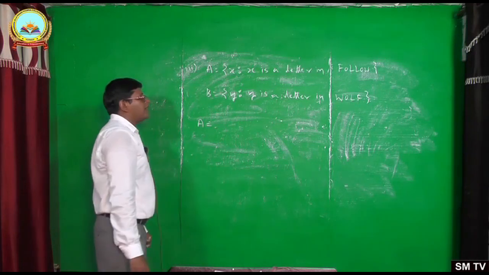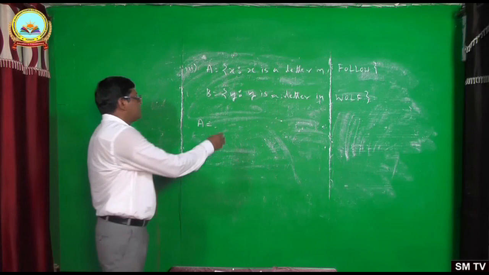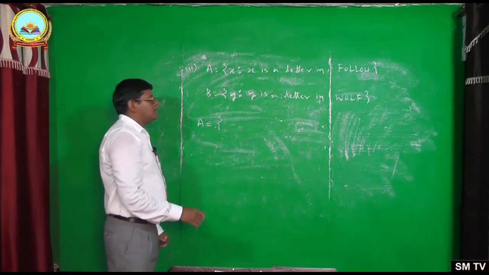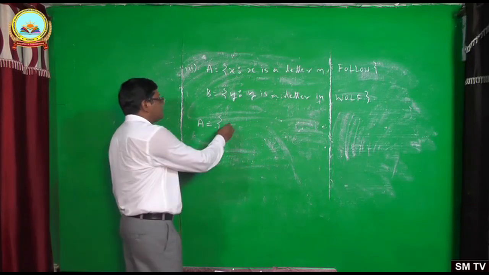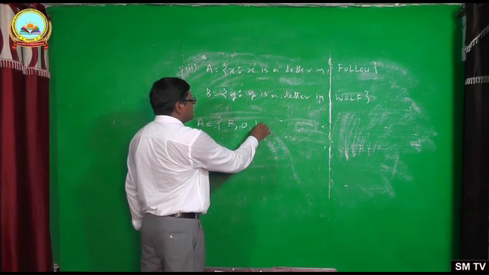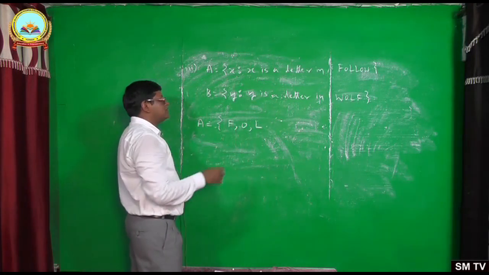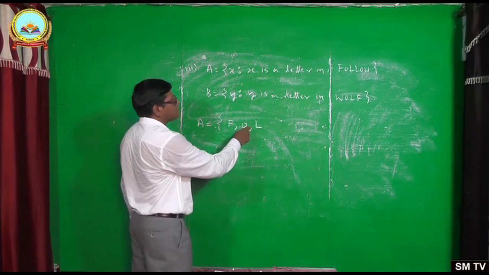So we shall write the sets A and B in roster form. A is the set of all those letters which are in the word follow. So F, O, L. L is repeated twice, so just write it only once. O is also repeated twice, just write O once.